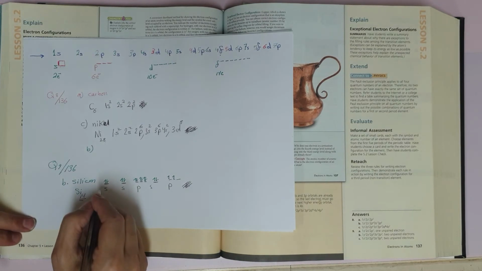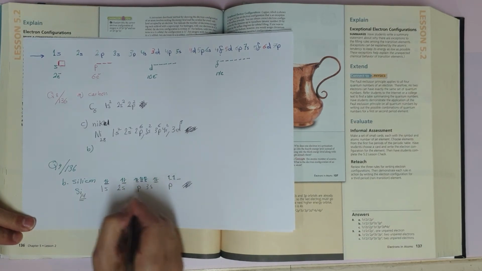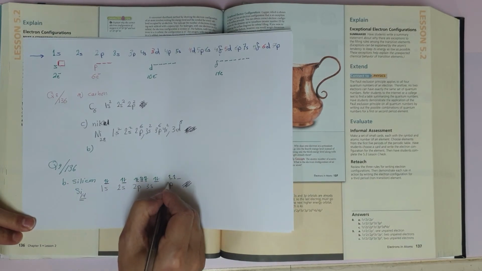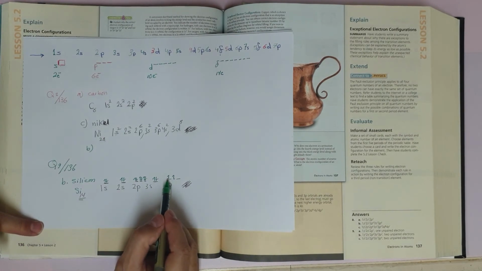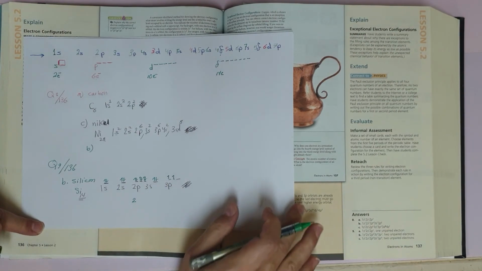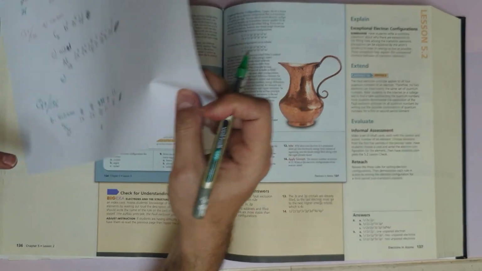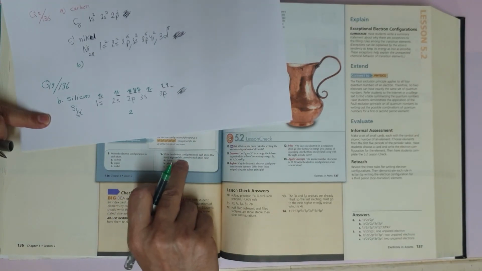Now this is for the first main energy level, the second, the third. This for the second, and this for the third main energy level. Now as you see here, 2 unpaired electrons. He asked how many unpaired electrons?